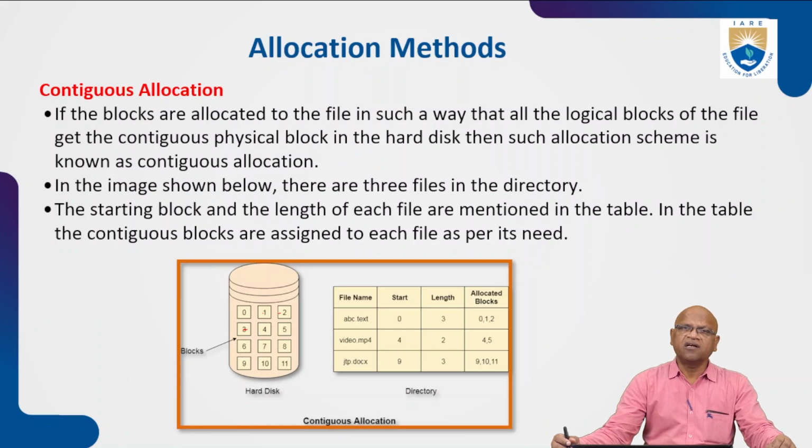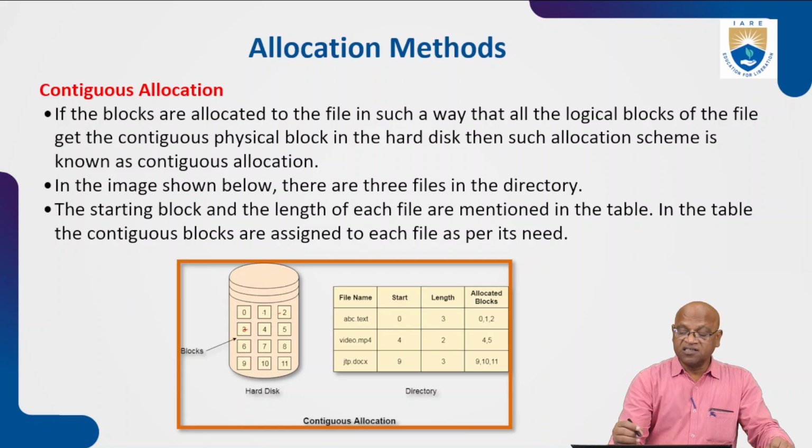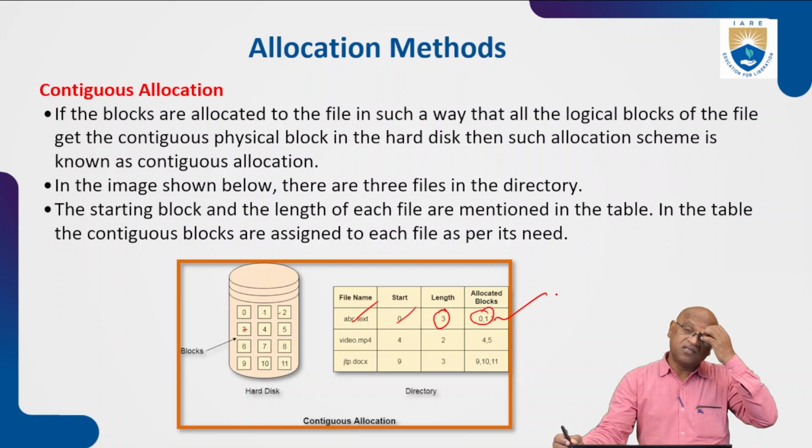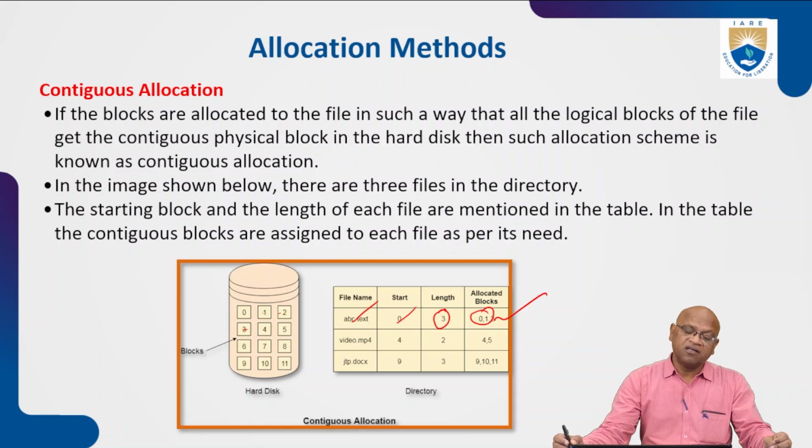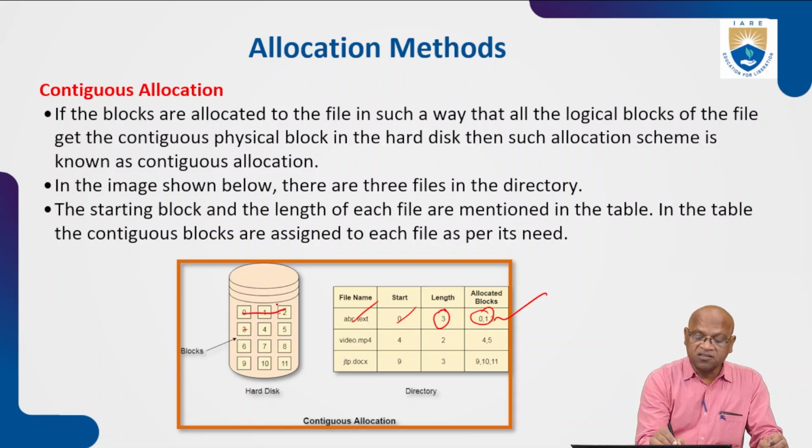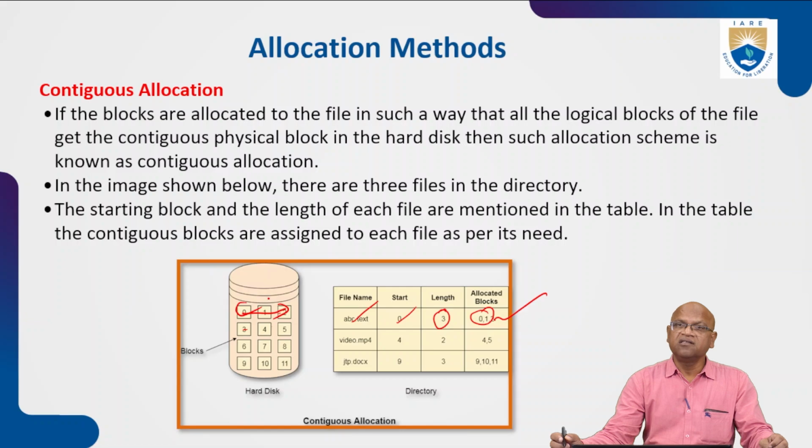In the table, the contiguous blocks are assigned to each file as per its need. So this is file name, starting block, length, how many blocks it takes, and allocated blocks 0, 1, 2. This is called contiguous allocation because that file is allotted starting here and continuously allocated.